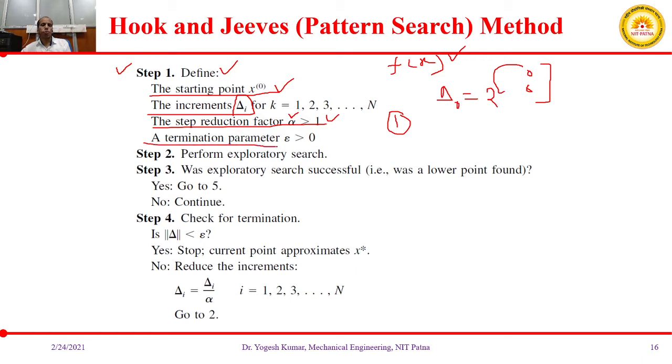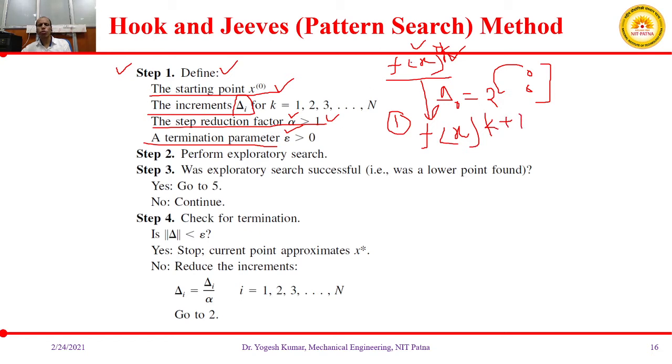Then there is a termination parameter. That is the difference between your current value of the function and your next value of the function, that is fx0 minus fx1, if we are taking the difference between x0 and x1, or any other value, that is xk minus xk plus 1.